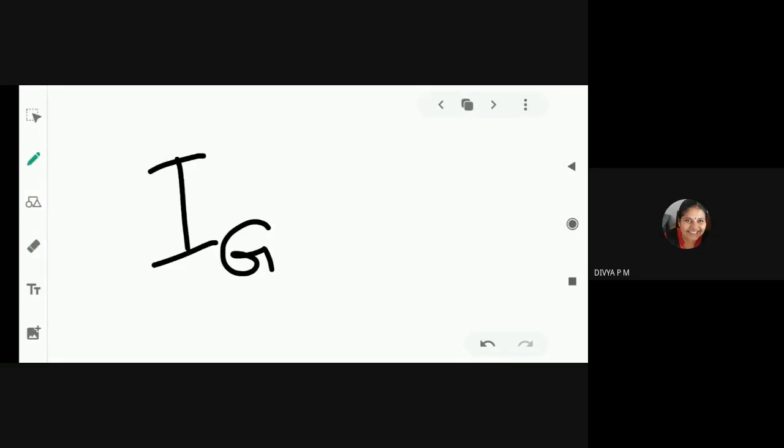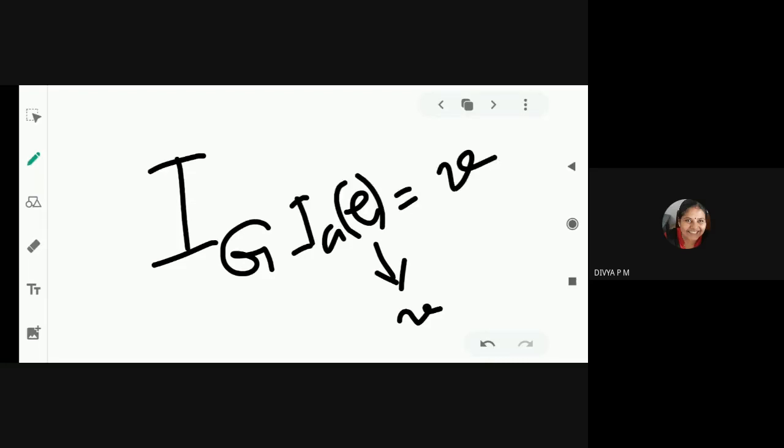Incidence relation means how an edge E is related to vertices. That means Ig of E is equal to a two-element subset of V. So the incidence relation is a relation from E to the two-element subsets of V.